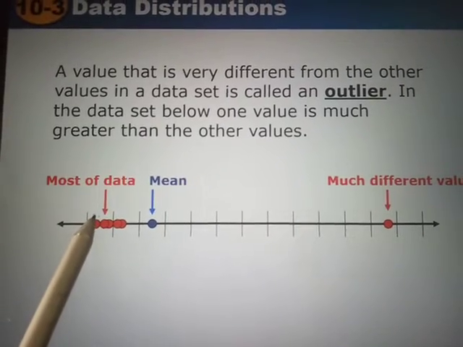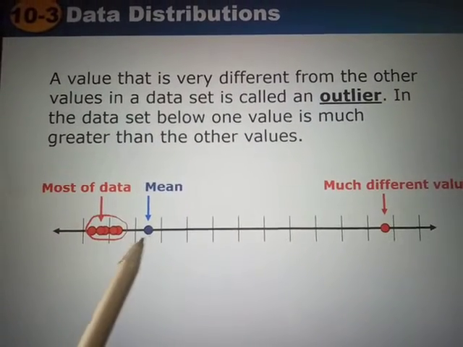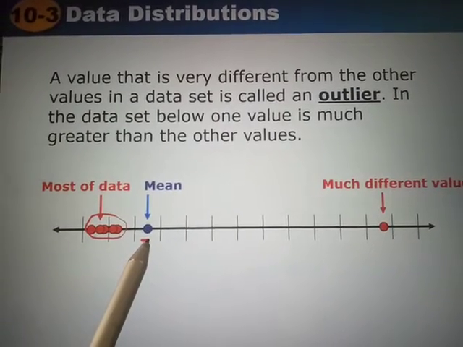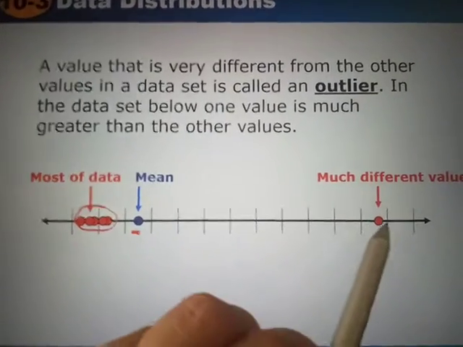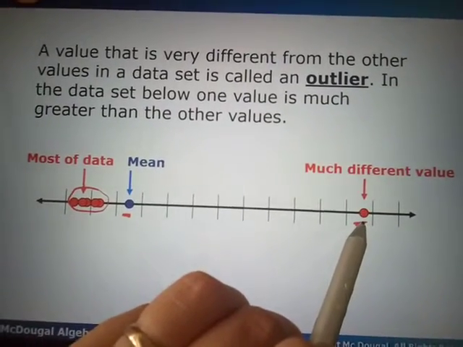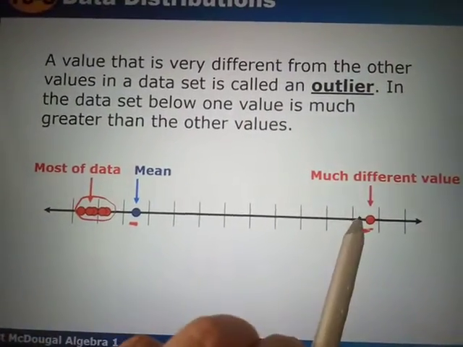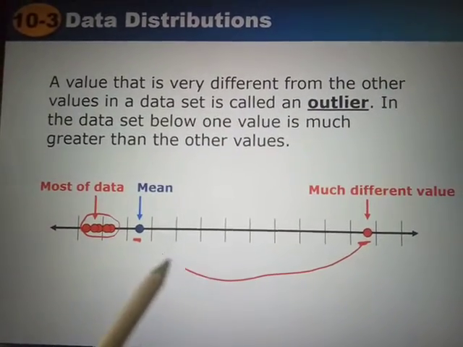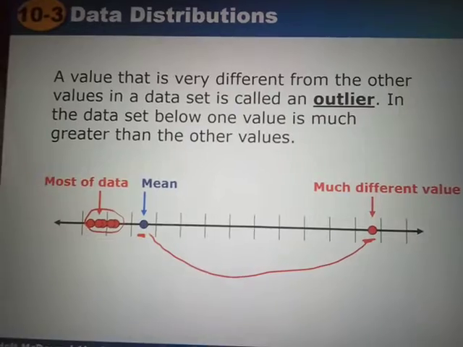Most of the data is here, and this value is the mean. And this value is the most different value, the greatest value, and we have a big gap between them.